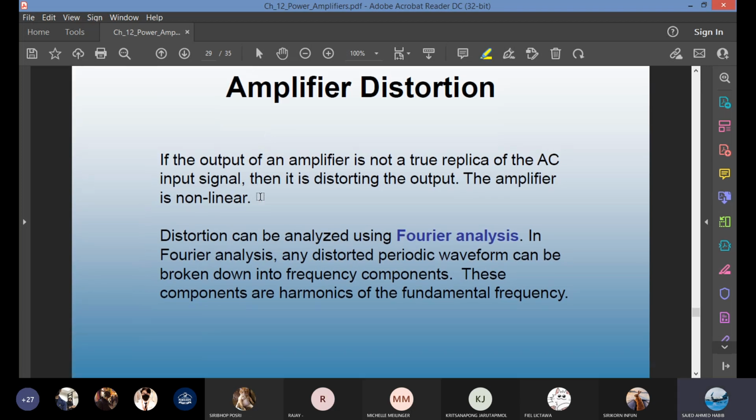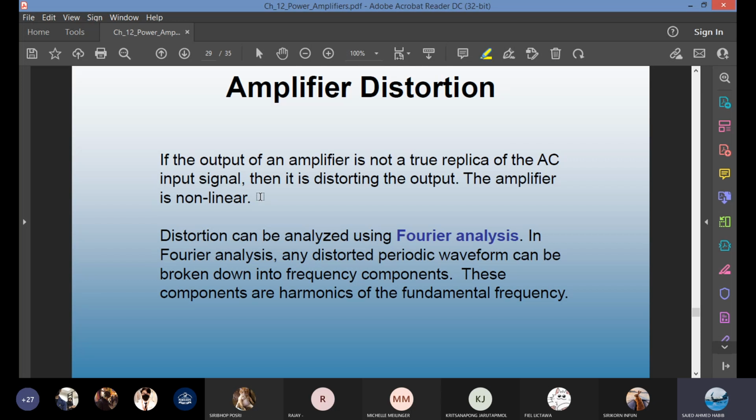But what we get from a Fourier analysis is if you have a distorted waveform which is periodic, meaning it has a regular period of oscillation, for example a sine wave or a cosine wave, it can be broken down into individual frequency components.